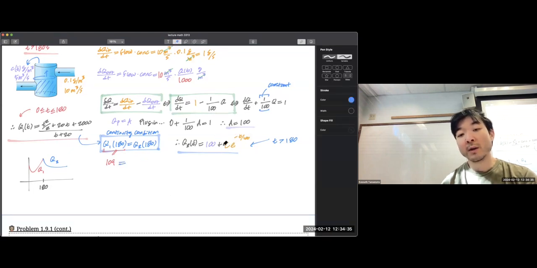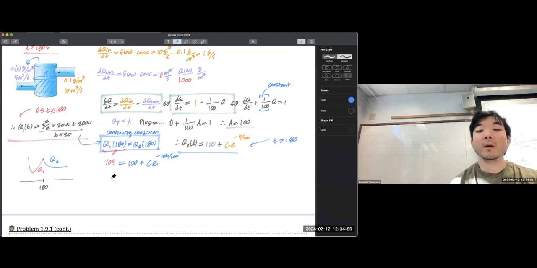right here, you're also plugging in 180. So this will be like 100 plus c times e to the negative 180 over 100. That's like the 180 goes up there. So if you solve for c, you just subtract both sides by 100.